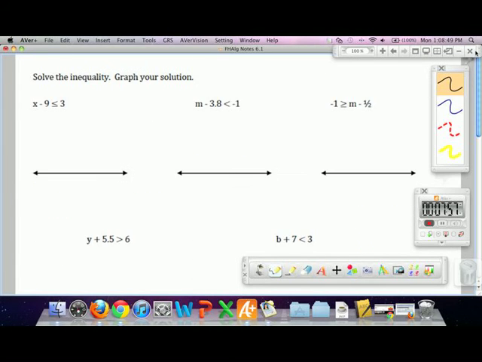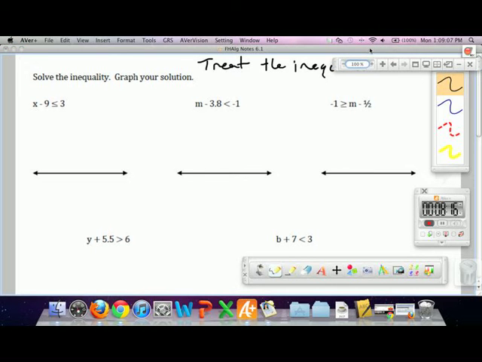The second part of today is, once we can graph these, now we're going to start trying to solve inequalities. For solving inequalities, we're going to treat the inequality just like an equal sign.